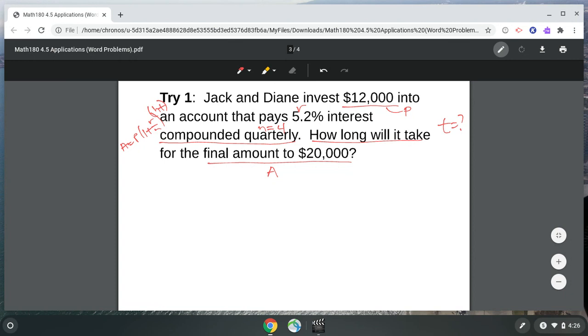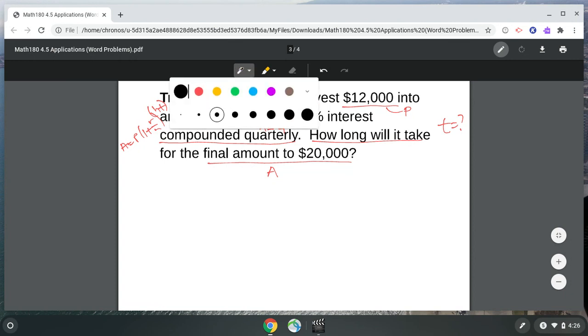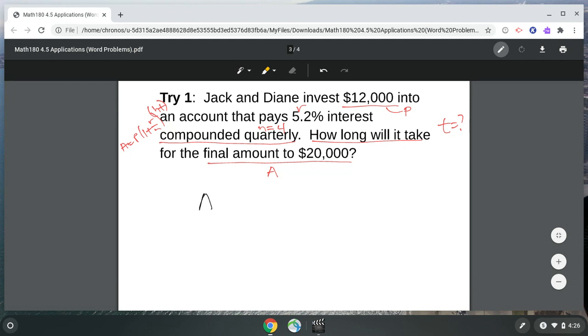Let's write down our formula over here and work this out. A equals P times 1 plus r over n. Make sure your r's and n's look different from each other. Final amount, 20,000.